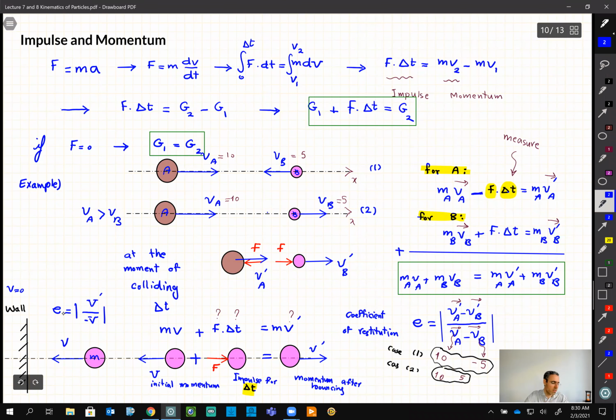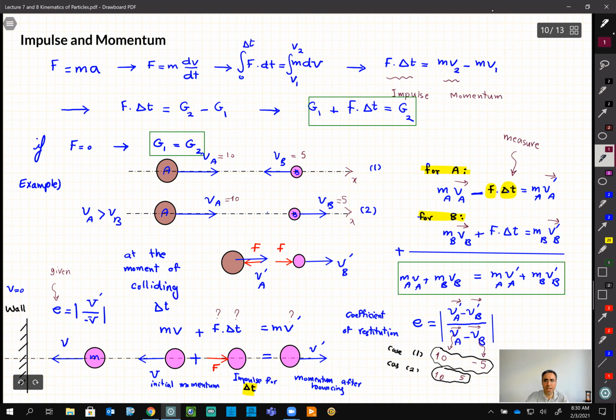E is given to us, so this is given. The wall cannot help us because, in fact, this is the same problem as the previous one, but the second mass, the wall here, is Earth, right? It's a gigantic ball, and its velocity for this problem we assume 0, so it cannot really help us. We still don't know F, we don't know delta T.